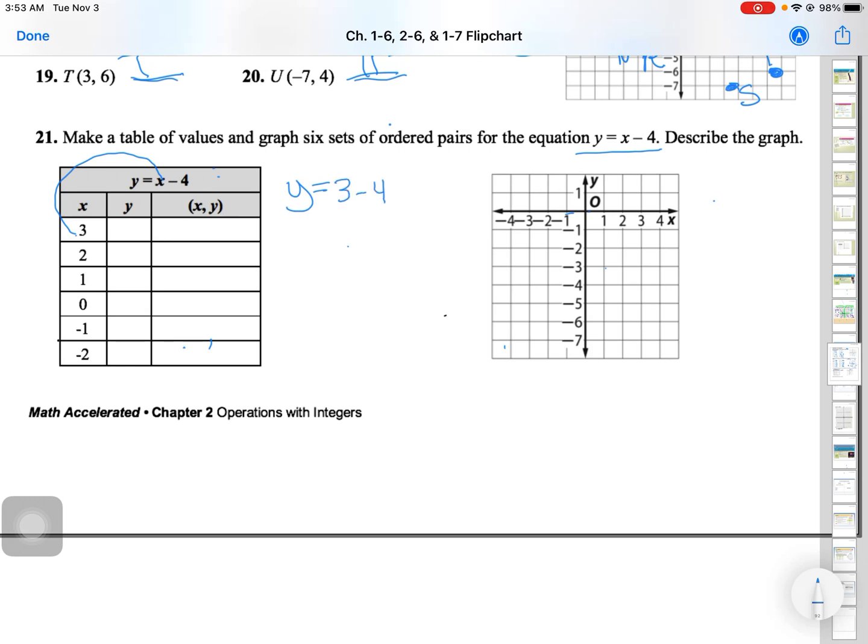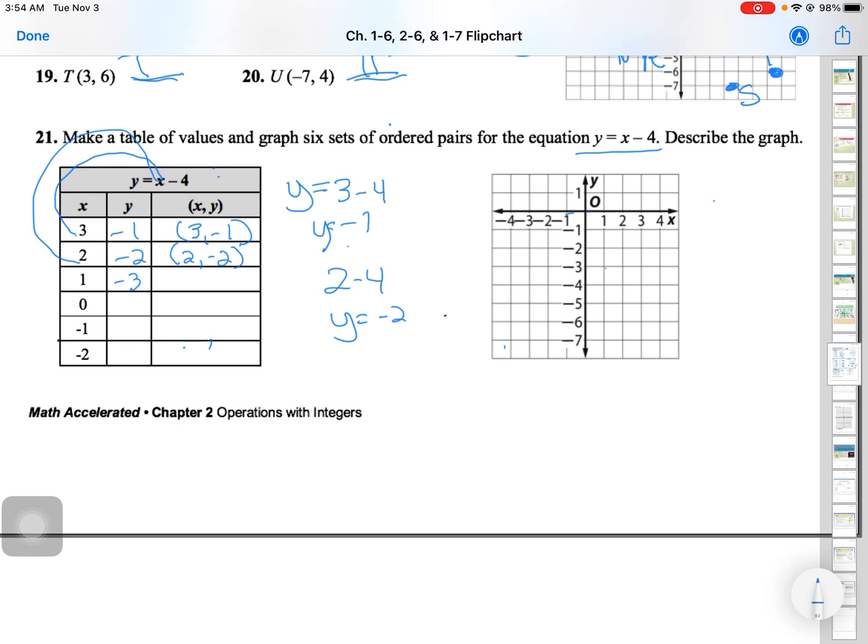I know a lot of my kids did that. So 3 minus 4 is -1. So y equals -1, and your ordered pair would be (3, -1). This time, I'm putting in 2 for x. So I have 2 minus 4, y equals -2, so my pair would be (2, -2).